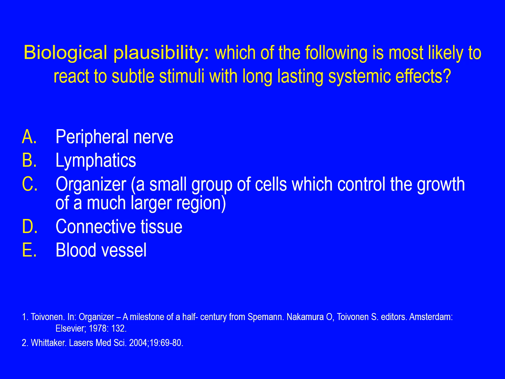Choice A is peripheral nerve, choice B is lymphatics, choice C is organizer, which is a small group of cells that control the growth of a much larger region in embryogenesis. Choice D is connective tissue, choice E is blood vessel. So the most likely answer is C, organizer, which I will explain.